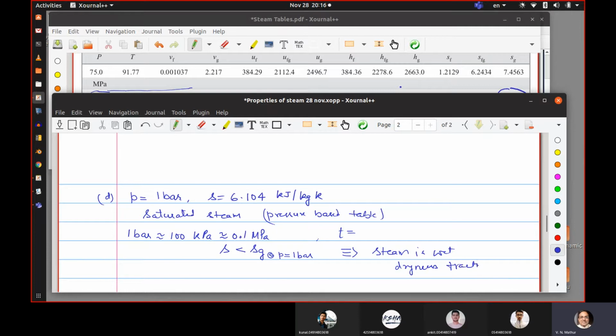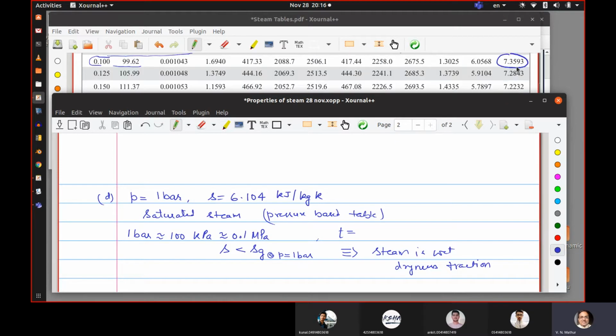If the value given in the problem had been larger than the value of steam corresponding to SG, that is 7.35, then we would have concluded that the steam is not wet, it is superheated steam. Then we would have to switch over to the superheated steam table.